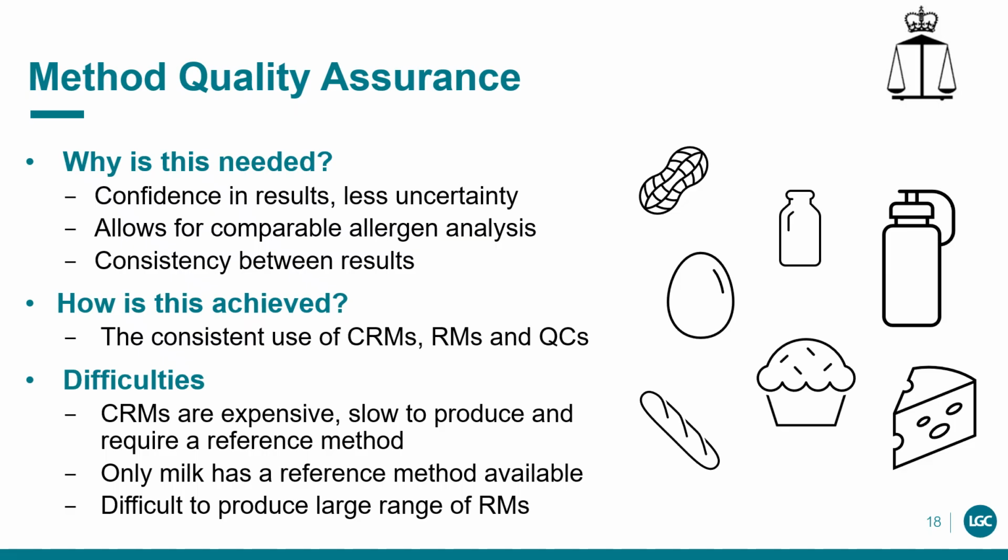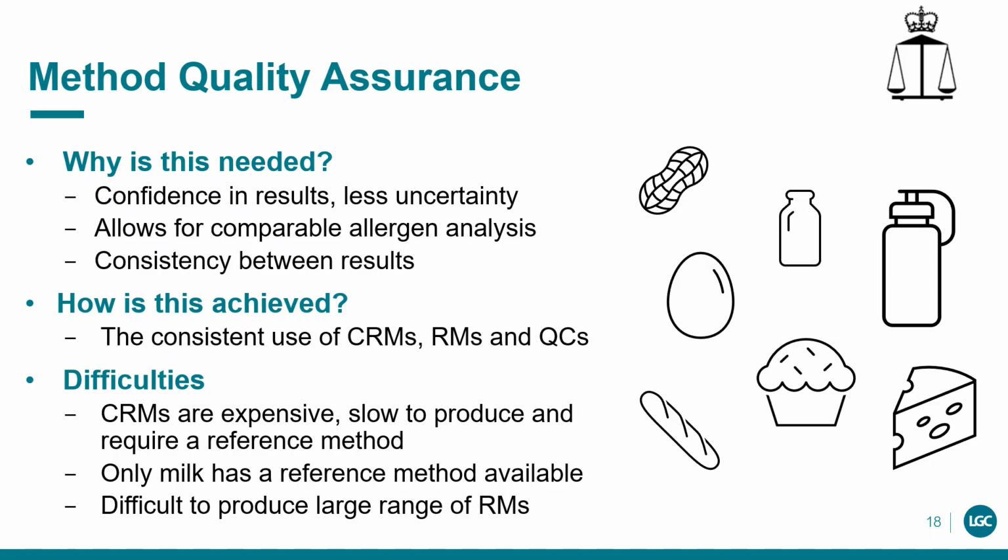Allergen testing quality assurance primarily involves the use of certified reference materials, CRMs. The use of CRMs allows for the production of consistent results as well as comparable allergen analysis between laboratories, and thus provides confidence in the results being generated. CRMs are provided with documentation specifying known certainties for composition.